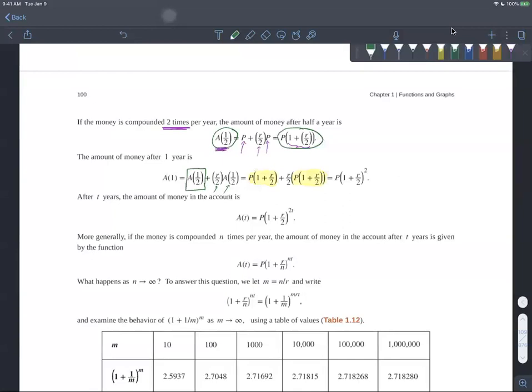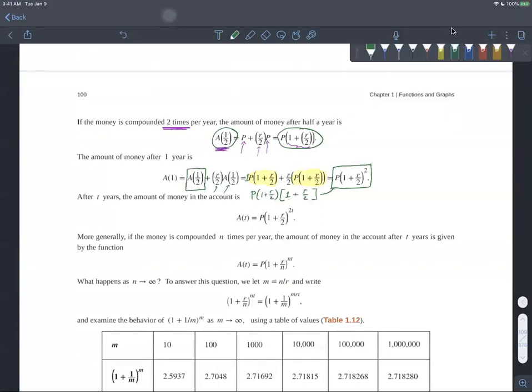If you factor that out, it's a little bit of algebra here. If you factored it out, you would end up getting, because there's a coefficient of 1 here, 1 plus R over 2. And notice you would get P times 1 plus R over 2 squared. Okay, so after 1 year, you have this much money in your account.